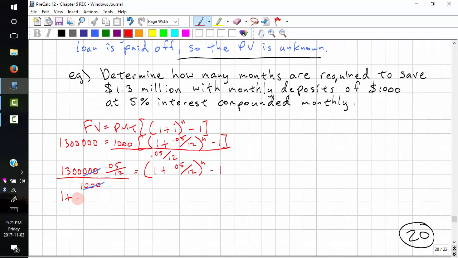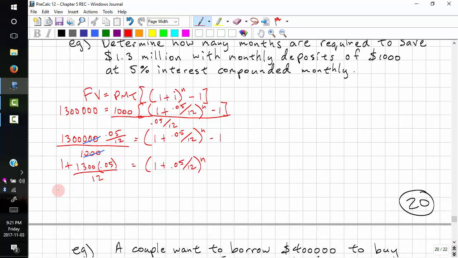1 plus 0.05 divided by 12 equals 1 plus 0.05 divided by 12 to the power of n. We take the log of both sides. And we get n log.